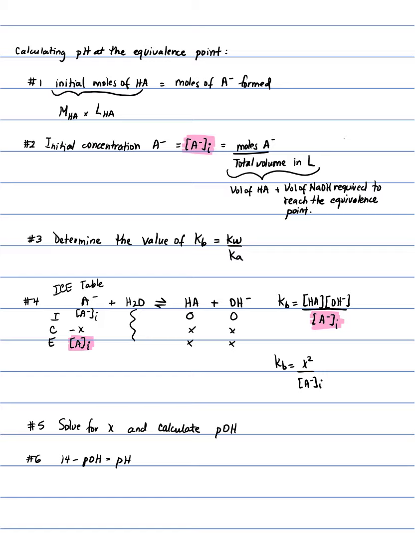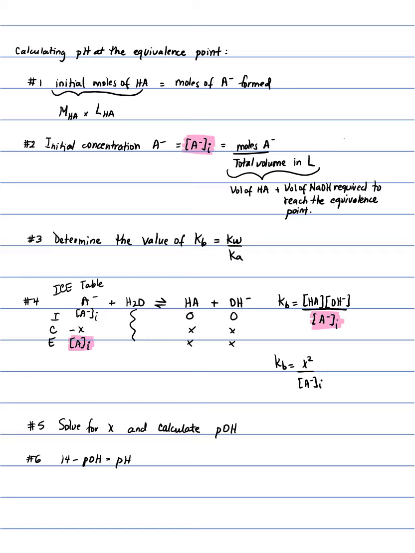So you have your conjugate base plus the water in your flask at the equivalence point. If the water donates a proton to your conjugate base, you're forming again the molecule of your weak acid, HA, and hydroxide. Now remember, in this equilibrium, what you have on the product side is a super small amount of those ions. They're coming from the dissociation of what you have on the reactant side.